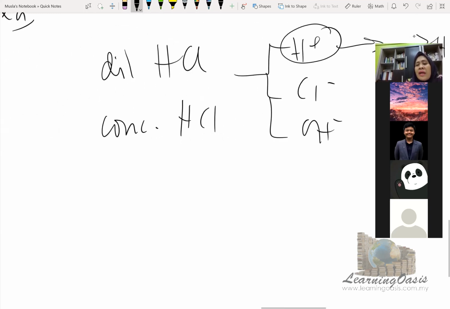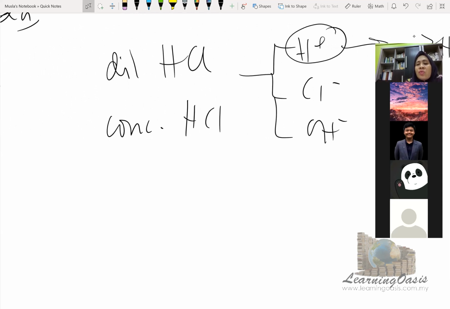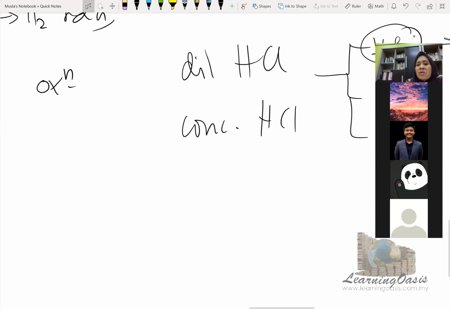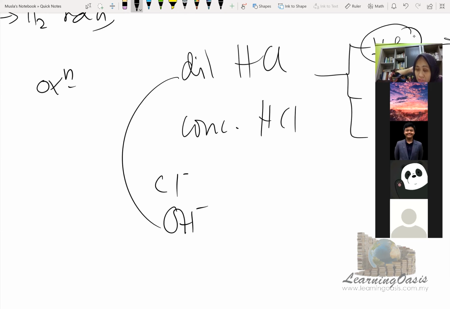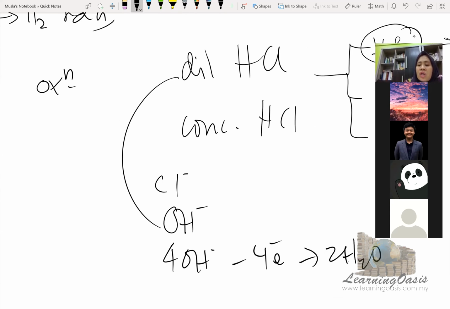If you talk about dilute HCl, which one will be discharged, OH minus or Cl minus? OH minus, because OH minus is less reactive than chloride. Correct. So therefore you have 4 OH minus minus 4 electrons to give you 2 H2O plus O2. But if you do concentrated HCl, what do you get?